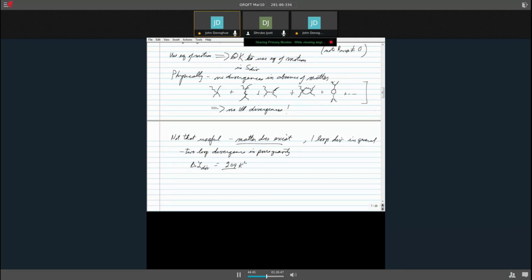And in fact, if you put matter in, you might try looking around to see, is there some combination of matter where all the one-loop divergences cancel out? And there isn't. That was in fact the topic that was discussed in that quote that I gave you from the end of the 't Hooft-Veltman paper.